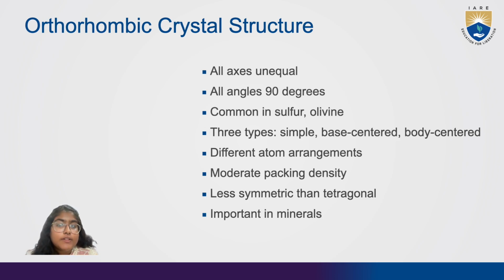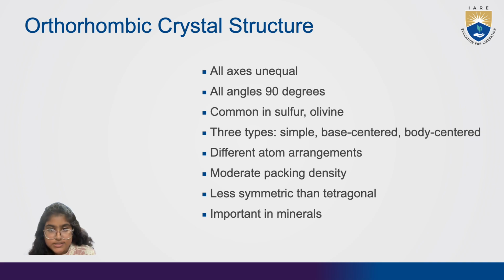Next, we have the orthorhombic crystal structures. In this system, all axes of the unit cell are of unequal lengths, but importantly, all the angles between these axes are still 90 degrees. This structure is found in various materials, including sulfur and the mineral olivine.